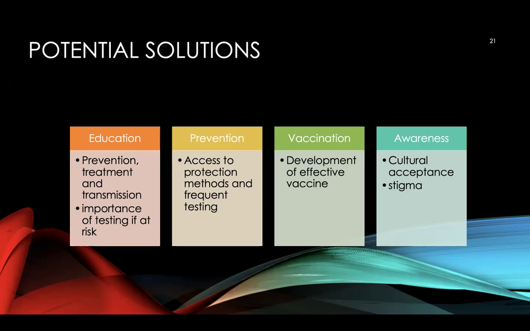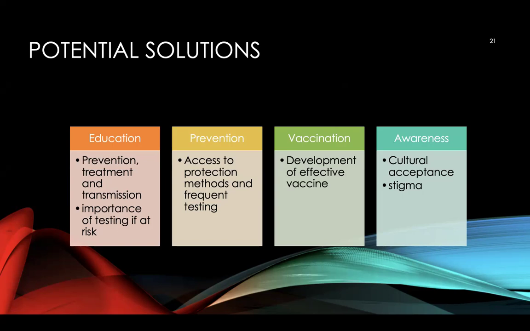And then also the importance of testing if at risk. Another method is prevention, of course, so access to protection methods and frequent testing. And so there's opening the door for more opportunities, and making it more easily accessible for populations that don't have easy access to these methods.